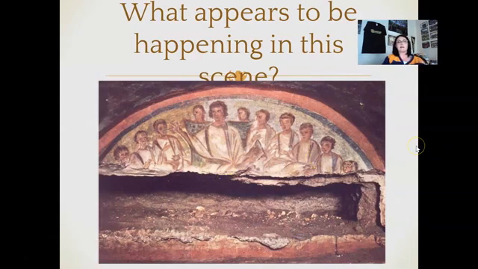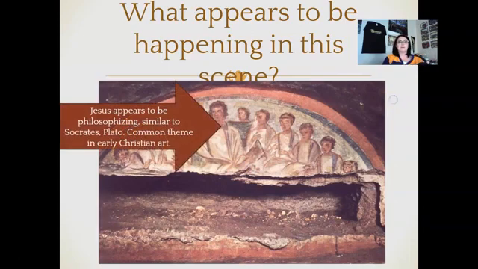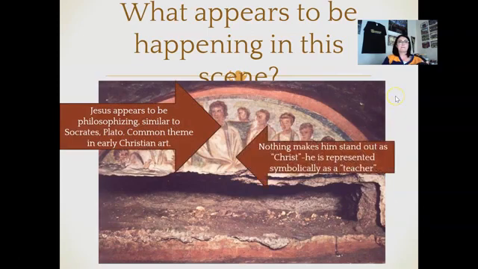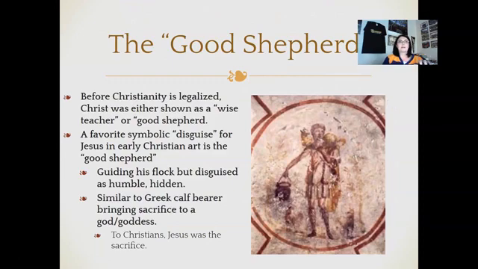Like maybe the person who is buried here was a teacher, or it was emphasizing learning, but deep down, this could represent Jesus or an apostle and his teachings to the people. So nothing here makes him stand out as Christ. It's just a symbol that they have synced up a popular image with a new meaning.